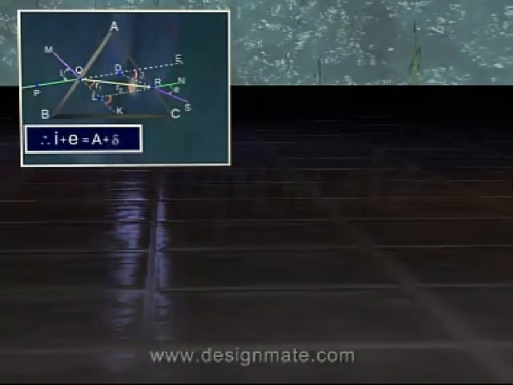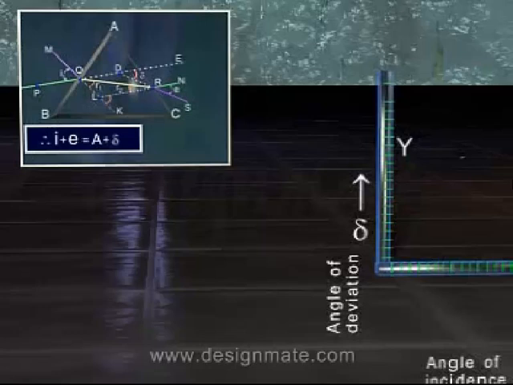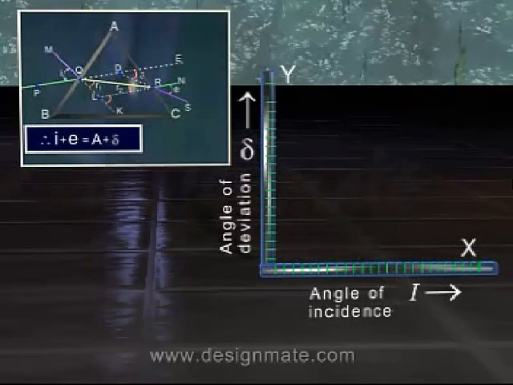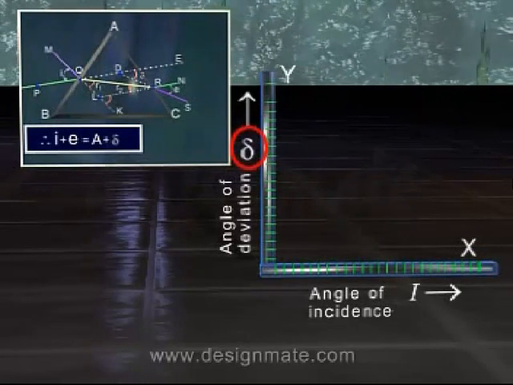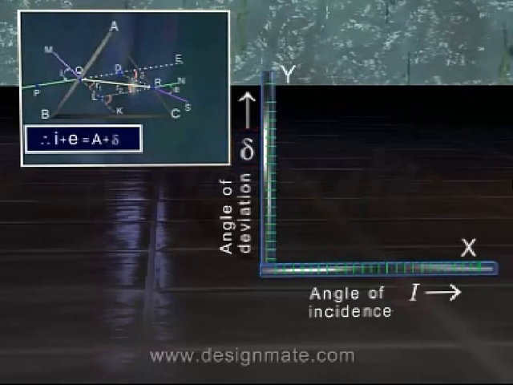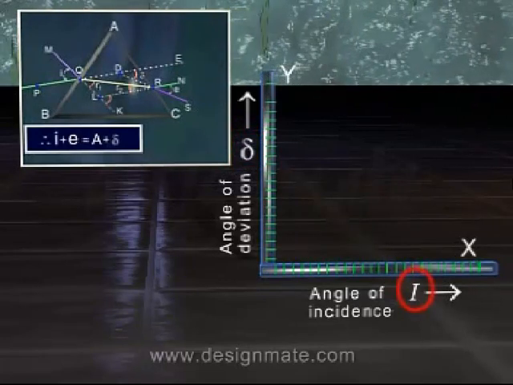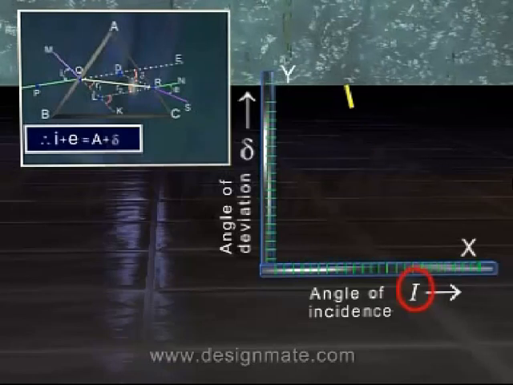Refractive index of the prism. The graph of experimentally measured values of the angle of deviation, delta, against the value of angle of incidence I is shown.